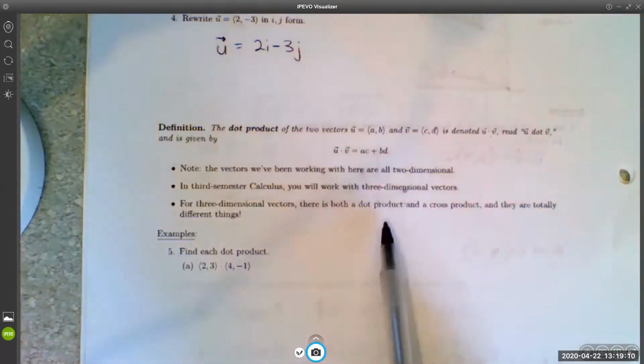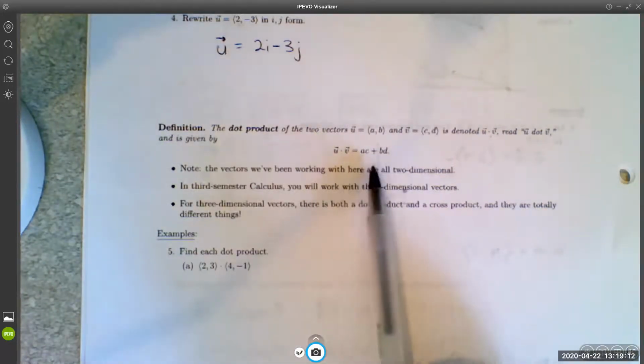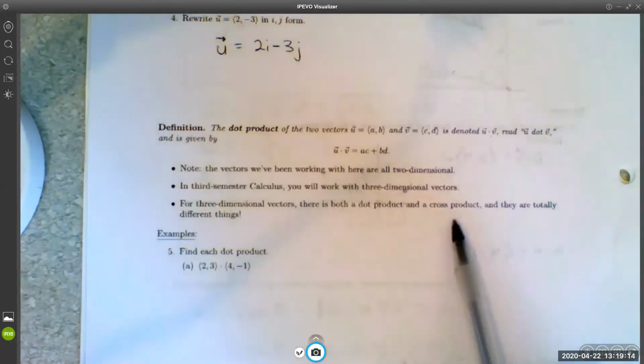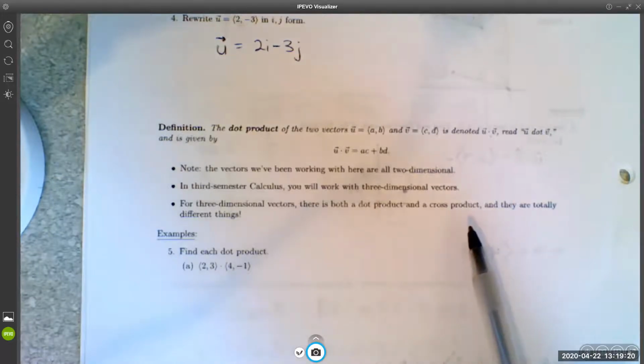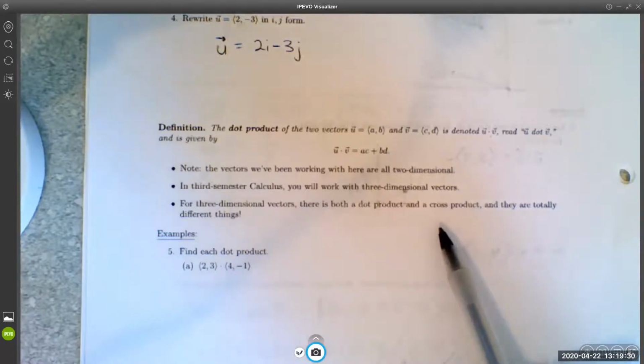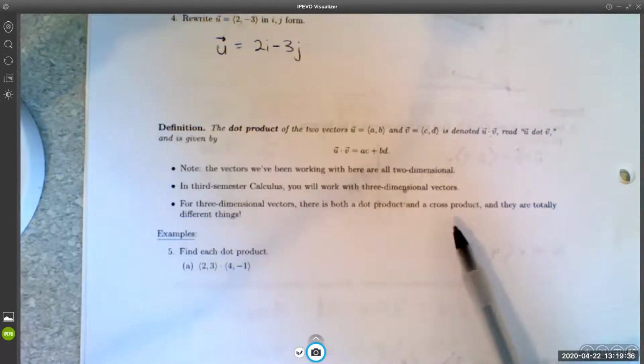There's a dot product, which is defined similarly to the way we defined this one. But then there's also a cross product, which involves matrices and determinants of matrices. It's really not terribly complicated, but I don't want to get into it right now because you can't define a cross product for two-dimensional vectors. Cross products only exist for three-dimensional vectors.